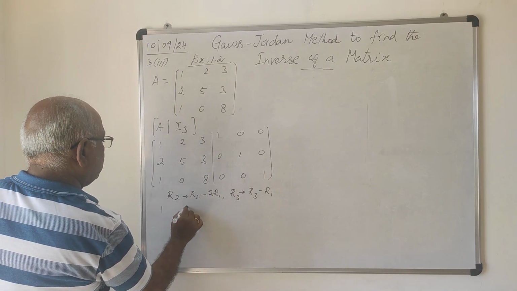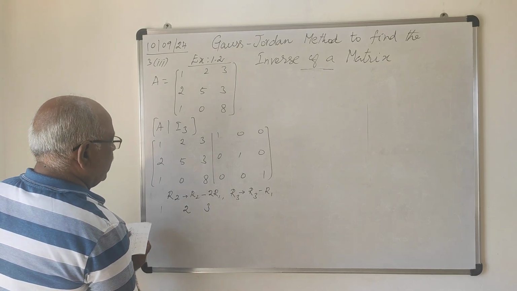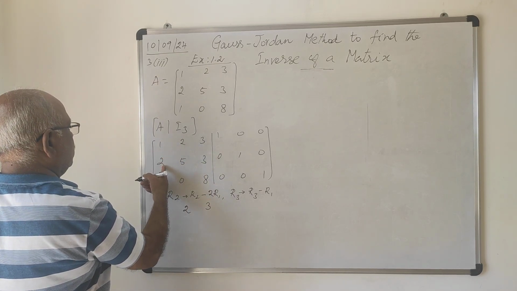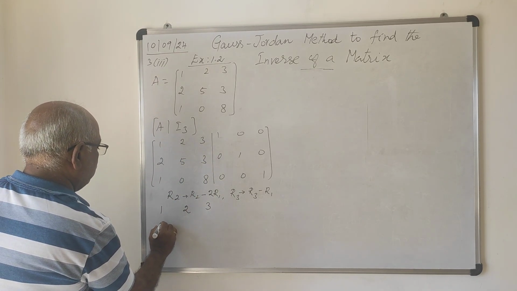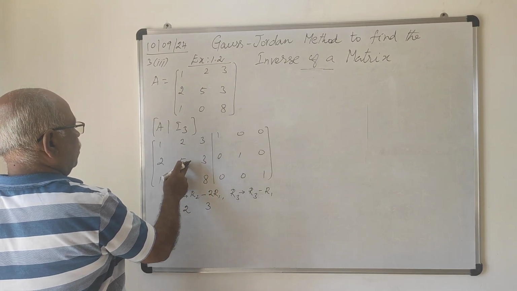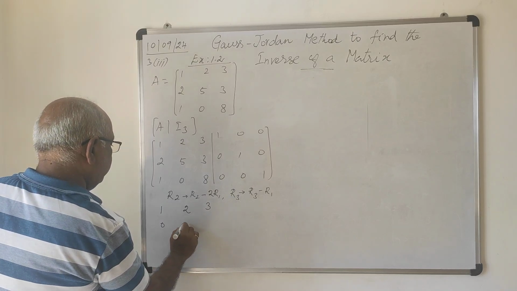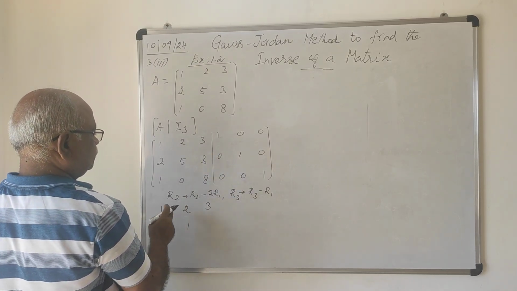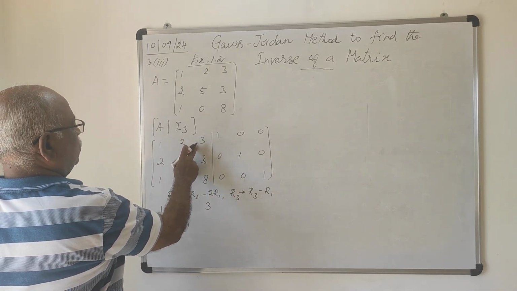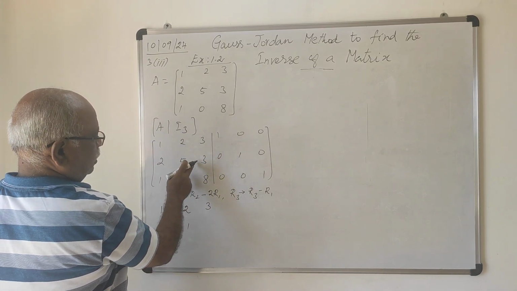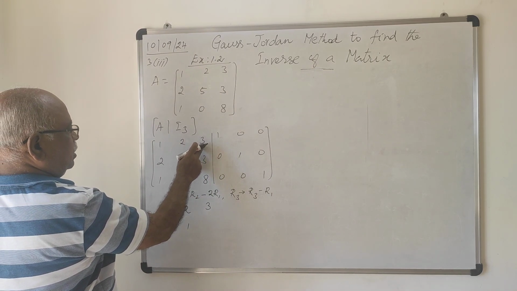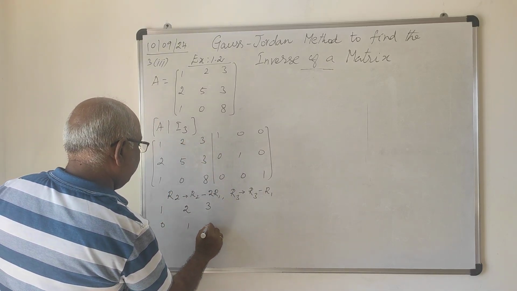So 1, 2, 3, you keep R1 as it is. R2 minus 2 times R1: 2 minus 2 is 0. 2 twos are 4, 5 minus 4 is 1. 2 threes are 6, 3 minus 6 is minus 3.